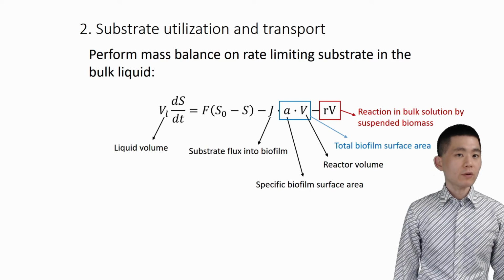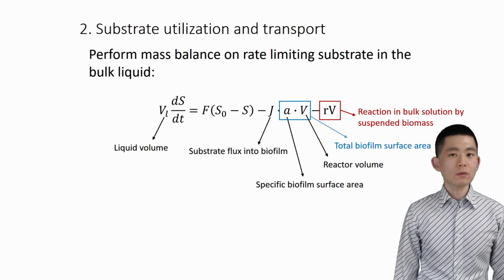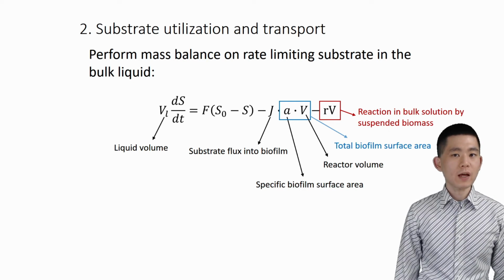With the flux calculated, we can perform a reactor mass balance. The change of substrate concentration in the reactor equals the mass of substrate in, minus the mass of substrate out, minus the flux of substrate into the biofilm, and minus the substrate consumption in the bulk solution by suspended biomass.